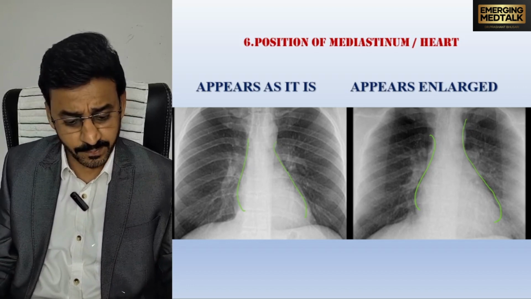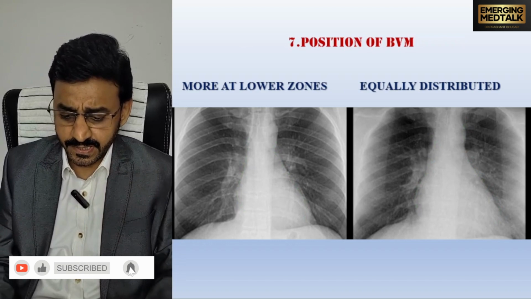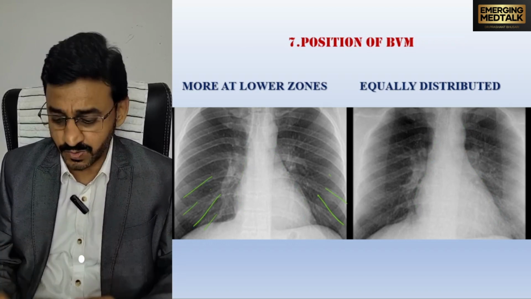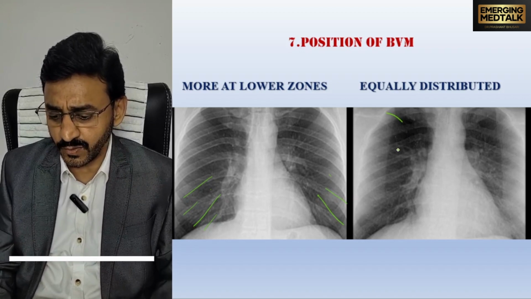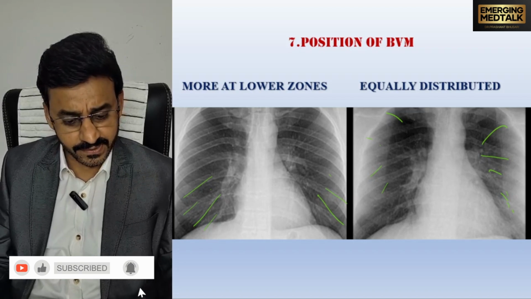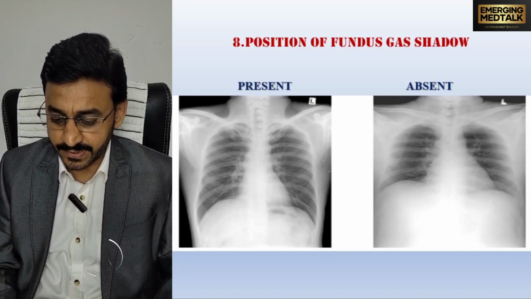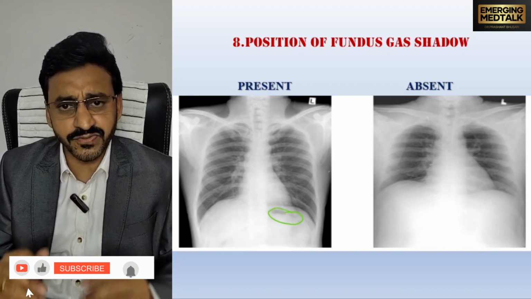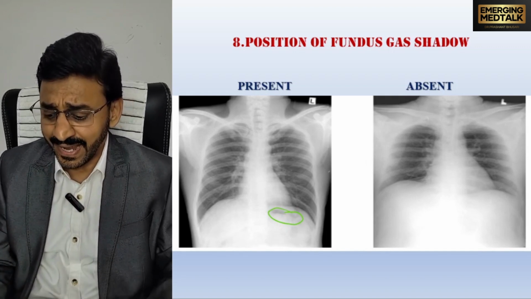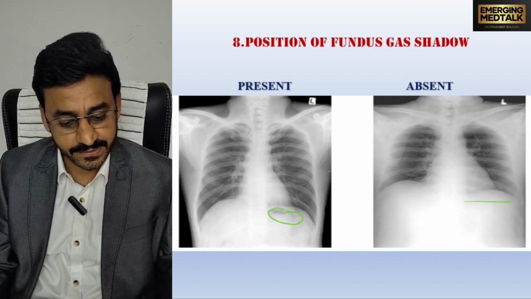Then the bronchovascular markings, particularly in the PA view, are more common in the lower lung zones, and in the anterior posterior view, they are distributed equally throughout the whole lung zone. Then the fundus of the stomach: in the PA view, it is normally situated just below the left dome of diaphragm.